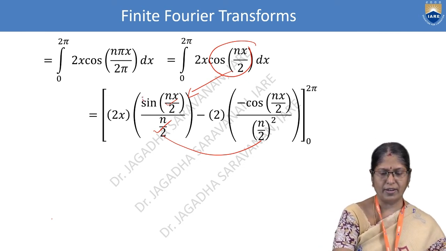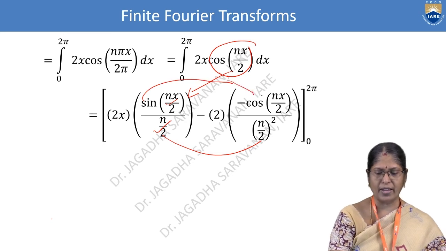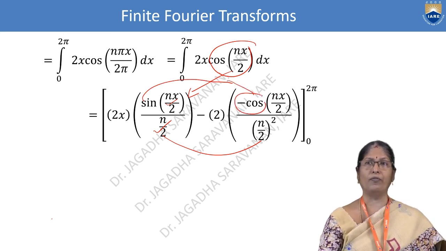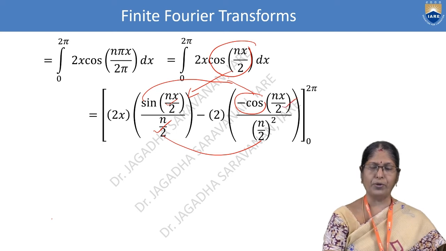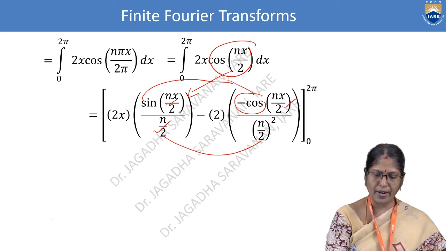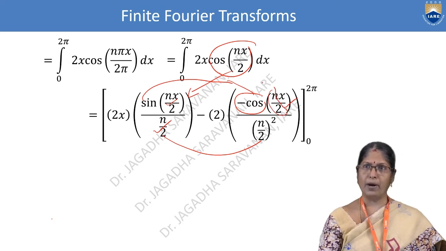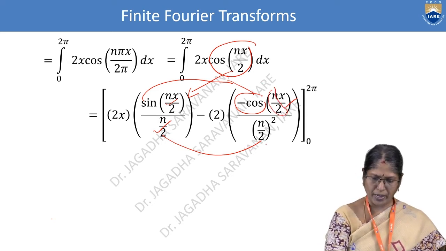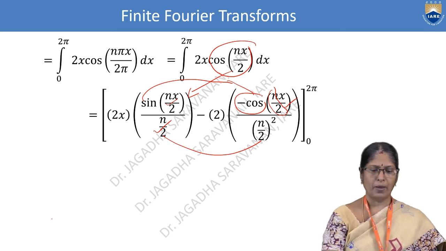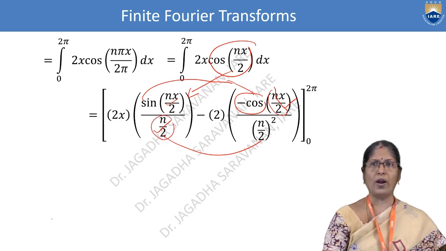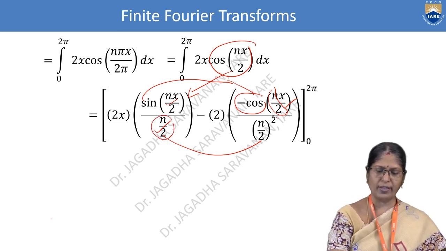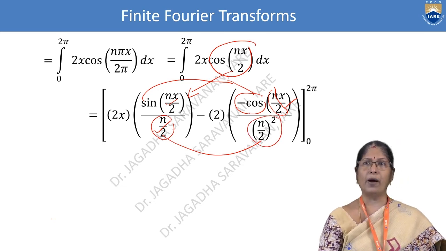That is the reason the sine integral is minus cos of nx by 2, divided by the x coefficient n by 2. Actually here n by 2 should be, but together with the earlier n by 2 it becomes n by 2 the whole square.